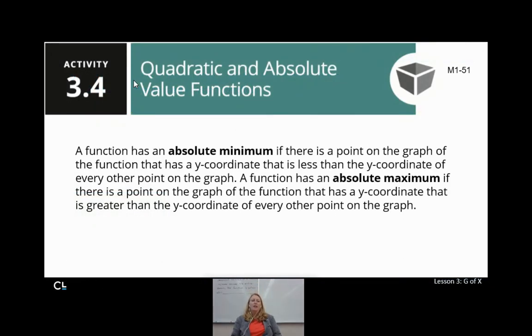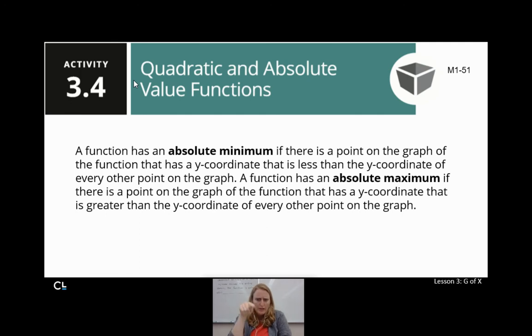So let's move on to our quadratic and absolute value functions. And if you don't know what those are, don't freak out, we'll get there. A function has an absolute minimum if there's a point on the graph of the function that has a y-coordinate that is less than the y-coordinate of every other point on the graph. It literally means exactly what it sounds like, an absolute minimum.